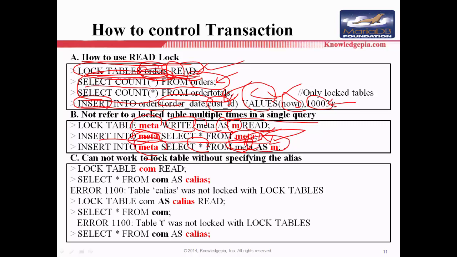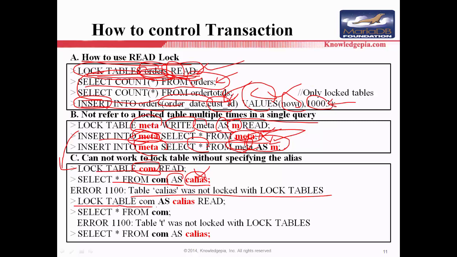C, cannot work with a locked table without specifying the aliases. This one also is related to aliases. For example, lock table com read, and after that select from com as. In this case, we cannot use the aliases. Use aliases like this, then you can find this kind of error message. Alias was not locked with lock table.